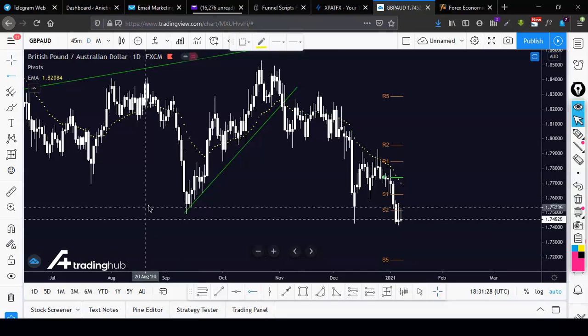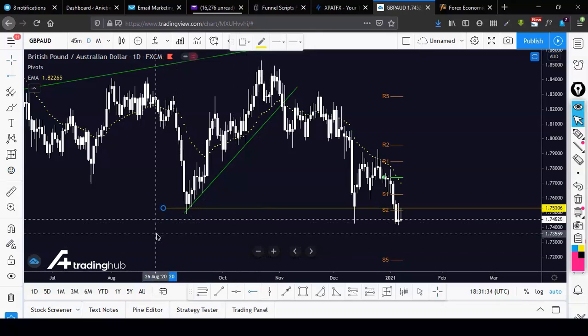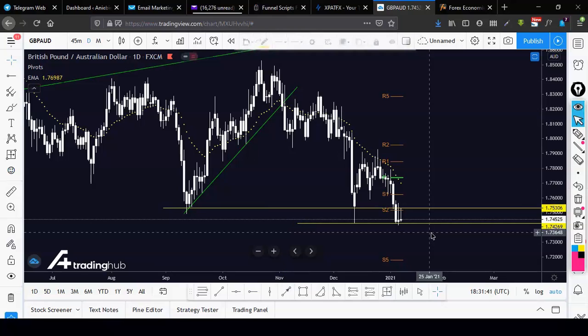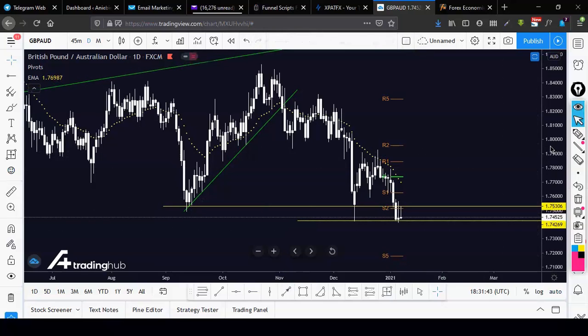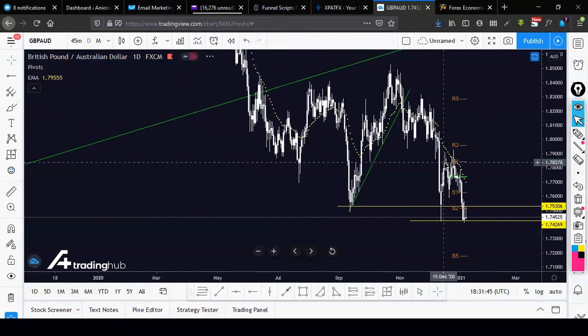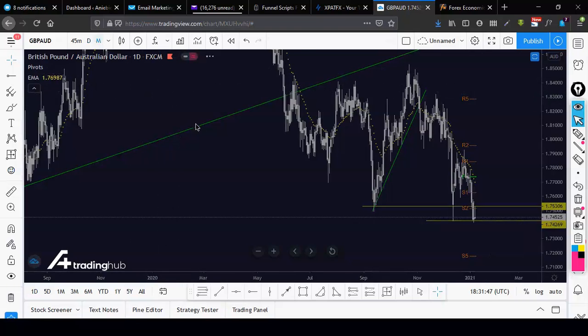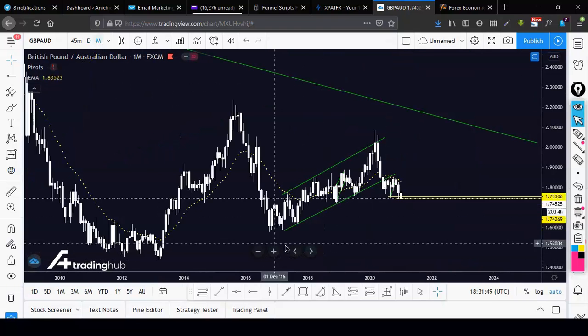So here is the entry zone. If I'm to mark out my entry zone, I'm going to mark here. Between there and here is my entry zone. Then my final TP, let me go to the monthly at once so I won't stress myself.